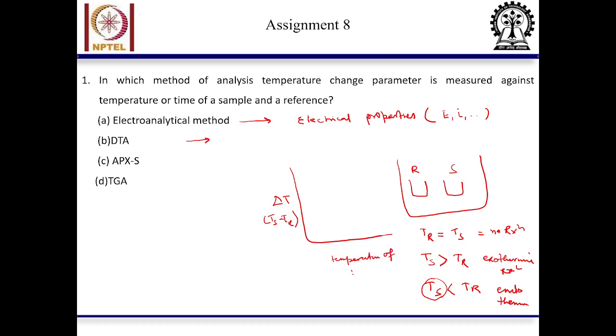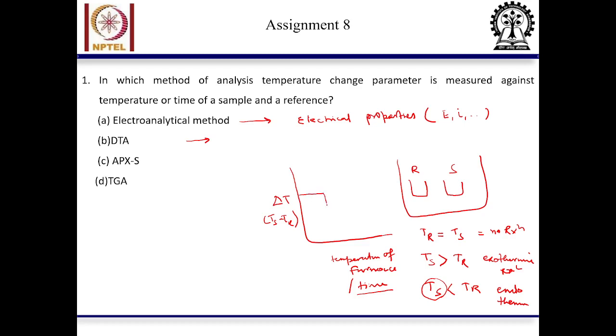the temperature of the furnace, or with the time, because here the temperature is linearly related to the time, so we can write it. So how does the plot look? If we see the DTA plot, suppose no process is happening, so it will go straight.